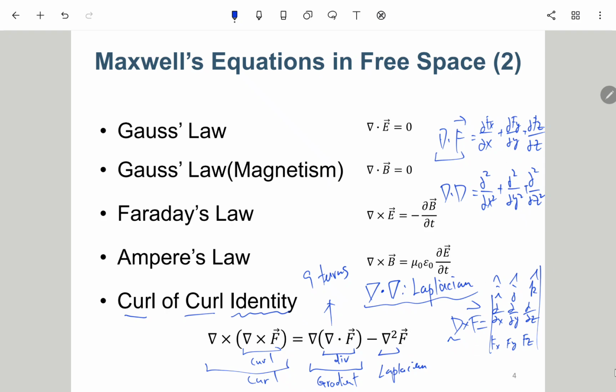It also has 9 terms, but altogether it is not 18 terms. Some of them will be cancelled. If I remember correctly, 6 of the terms cancelled, so it turns out to be 12 terms. So if you have interest, you can try to practice it by yourself. Anyway, we will try to make use of it. Just believe it is true at the moment.